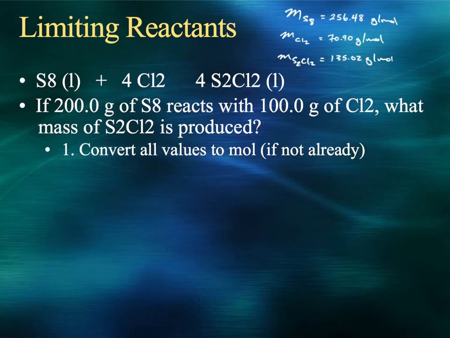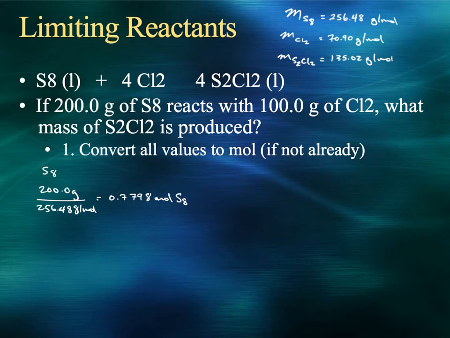So convert all values to moles if they're not already in moles. If we're converting S8 over, that is 200.0 grams divided by the molar mass, which is up there in the top right, 256.48 grams per mole. That value is 0.7798 moles of S8.